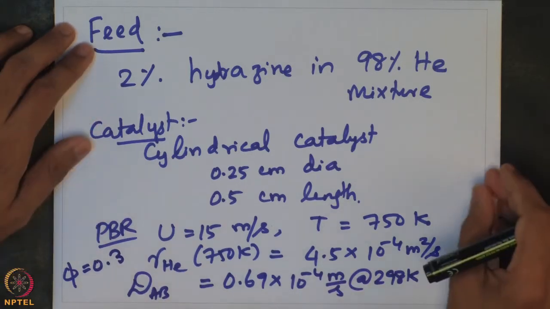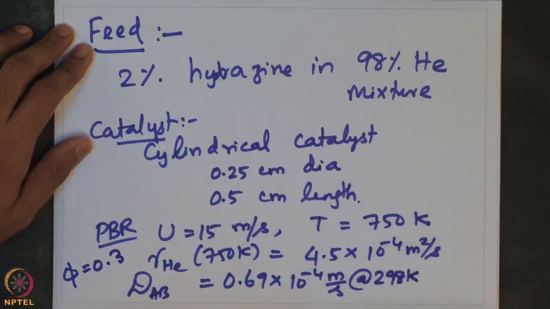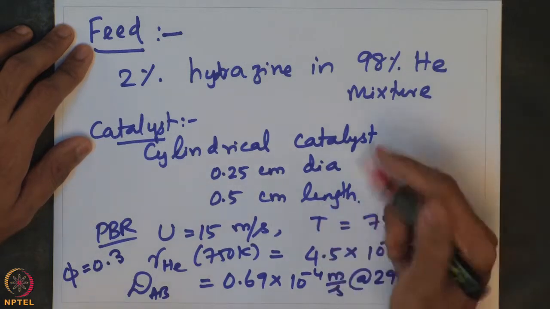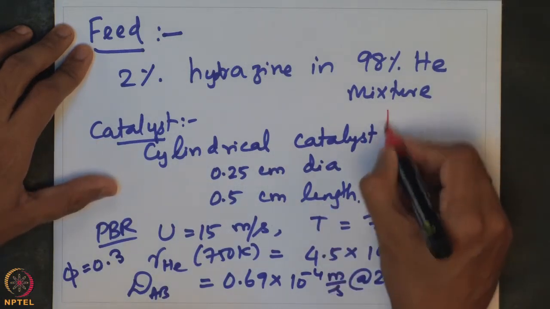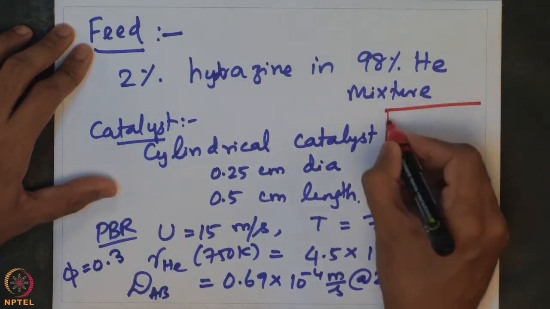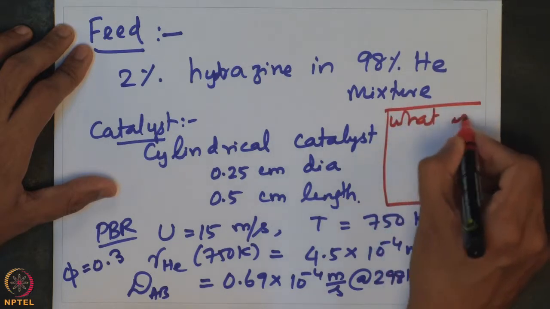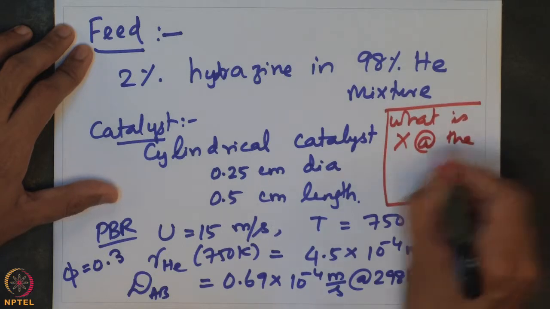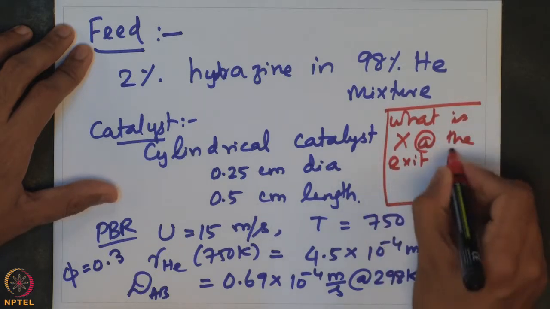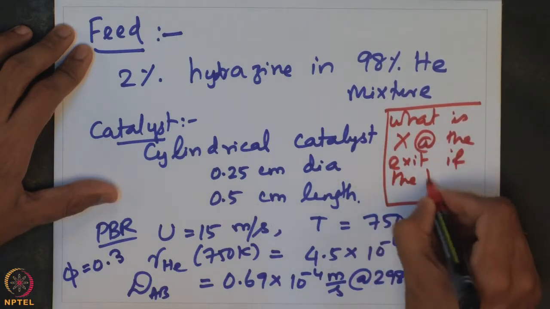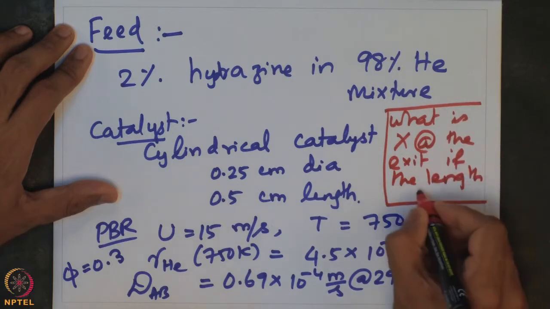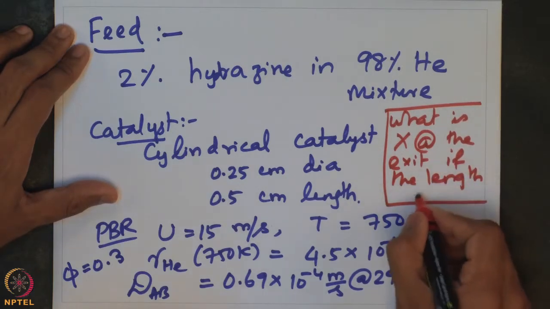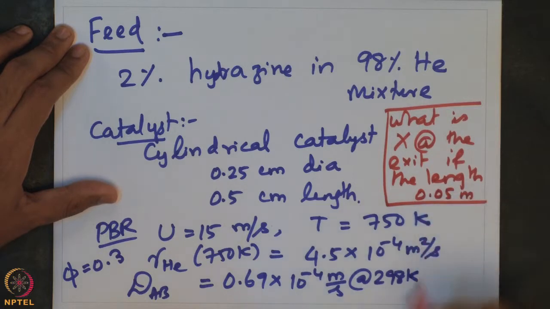So, the question that we need to answer is, what will be the conversion at the exit if the length of the bed is 0.05 meters, which is the length of the reactor?